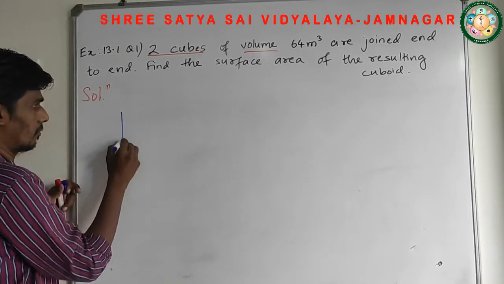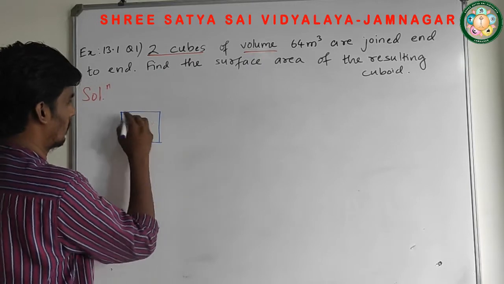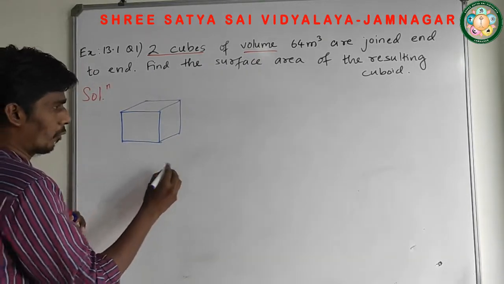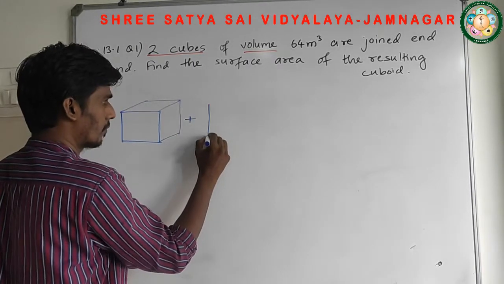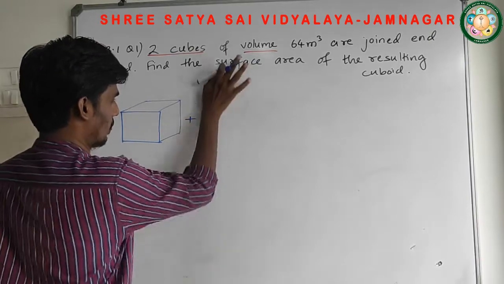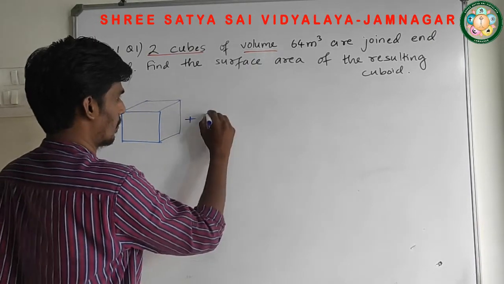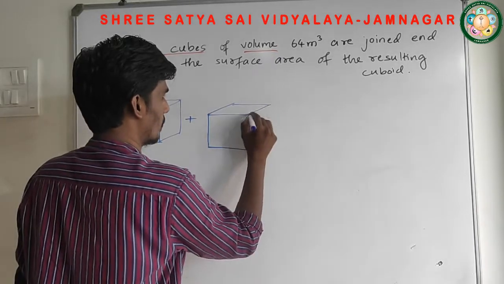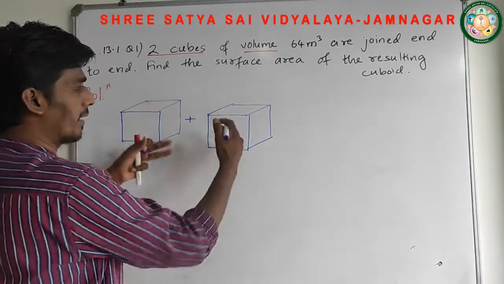Say this is a cube. And if I am going to join one more cube here, I am going to combine these two cubes.